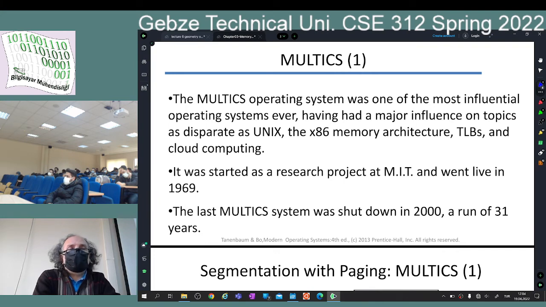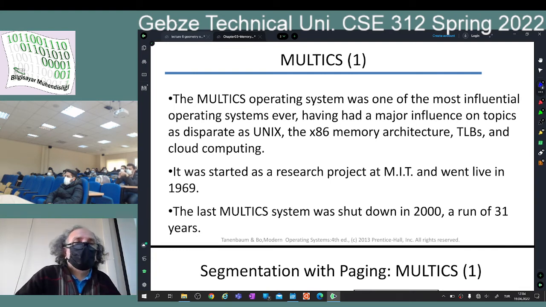The idea of MULTICS, of course, is to provide computing services to homes and businesses, like electricity or water or gas. I am going to give you computing services to your home, and you are going to pay me a certain amount of money. That was the idea, and I am going to run the main server using MULTICS at my central location, and you are going to connect to me using your terminals.